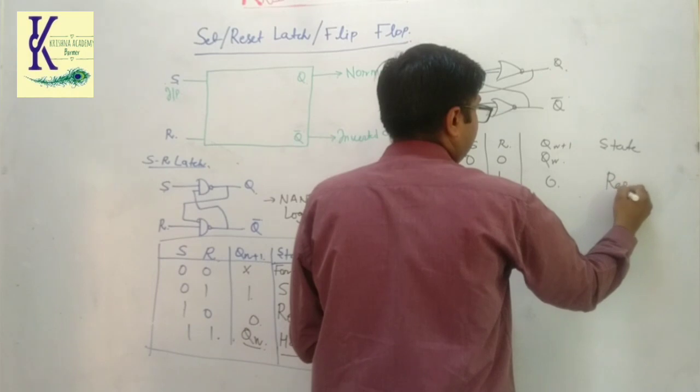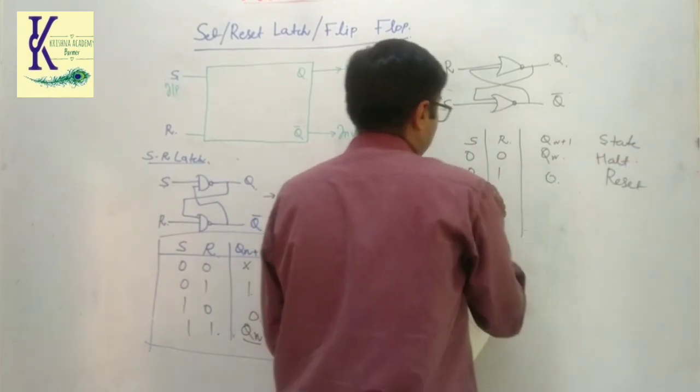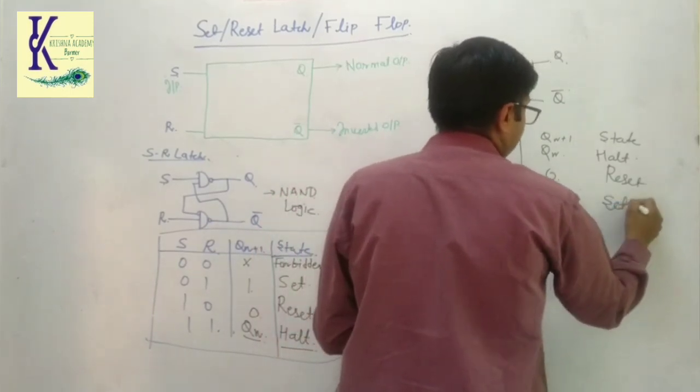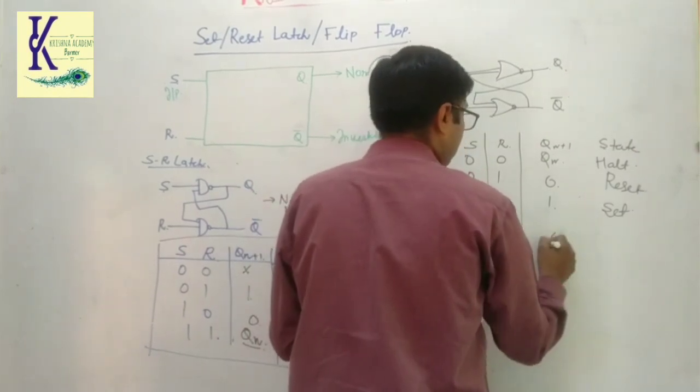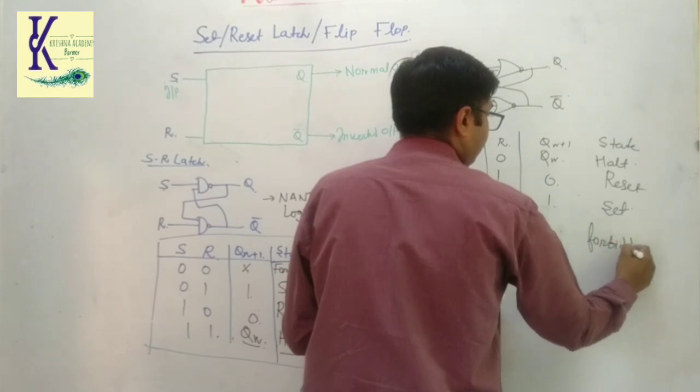This condition is called reset. This condition is called halt. 1, 0, it becomes 1 and this output becomes set. And 1, 1 output is X and that is forbidden.